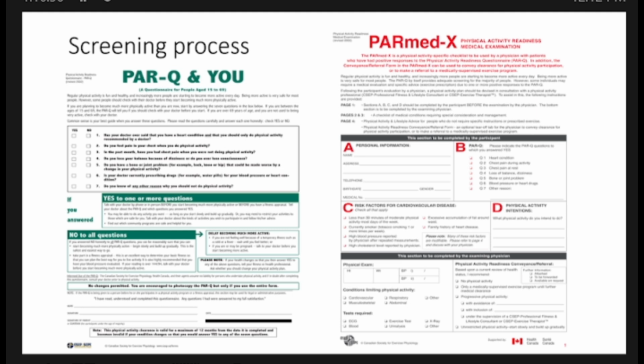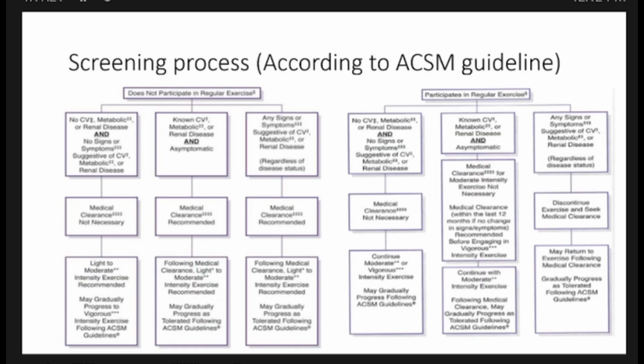It's called the PARmed-X. It is a very long list of things that you have to check. So only after you fill in the PARmed-X can you prescribe exercise. Usually what we do is ask the person, if you are not physically fit, do some exercise, but that's not enough. You have to give guidance, you have to give clear indications.